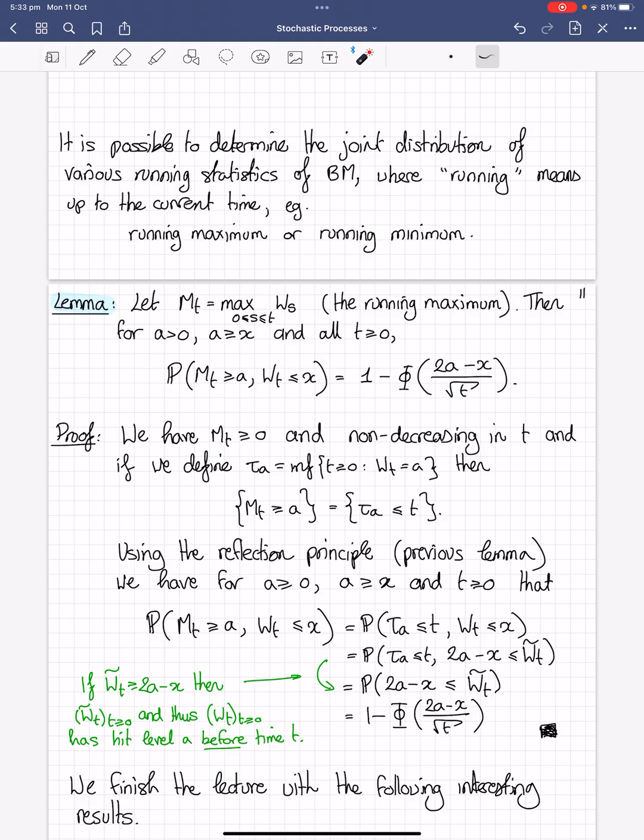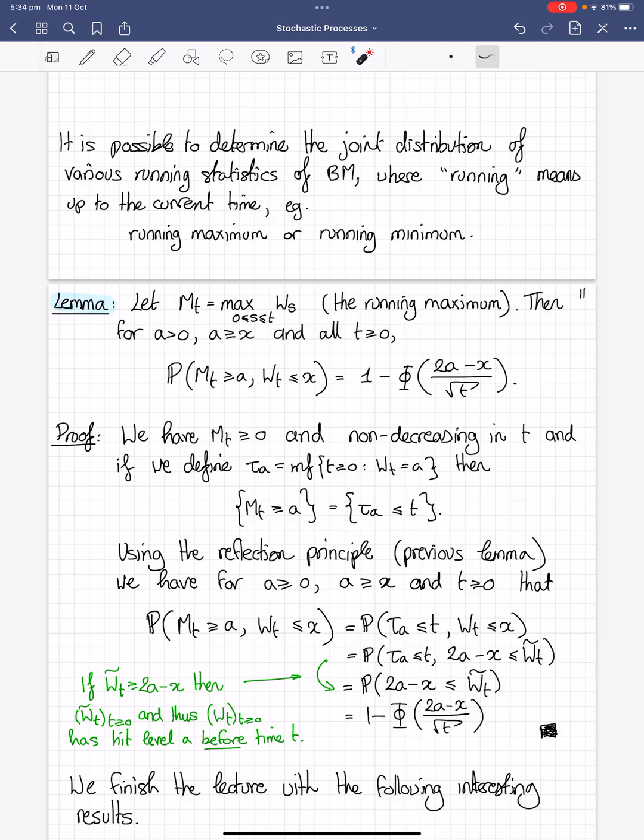Okay, now this here is a standard Brownian motion. And so, just doing a transformation, we can write that in terms of a standard Brownian motion with variance t.